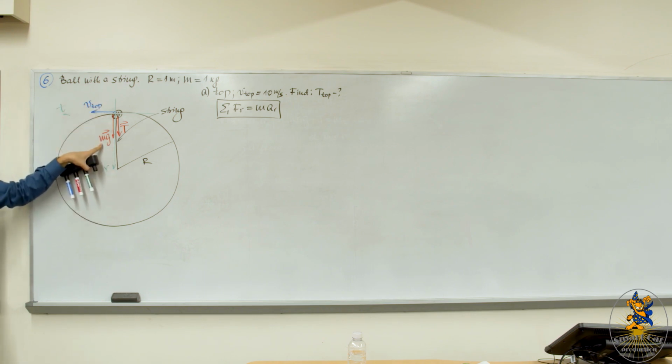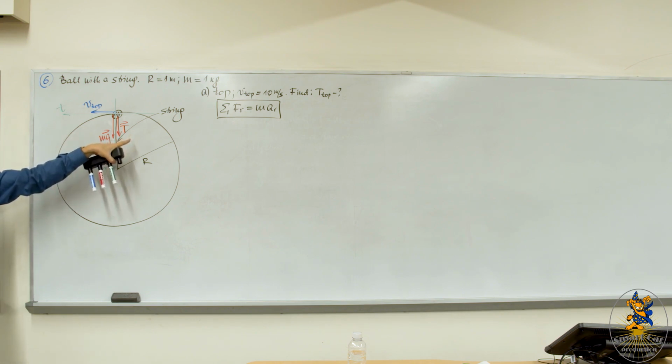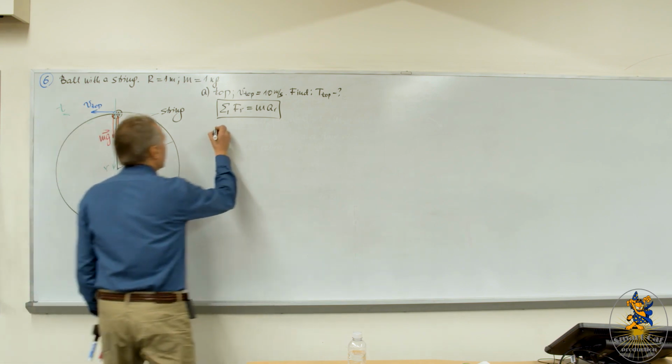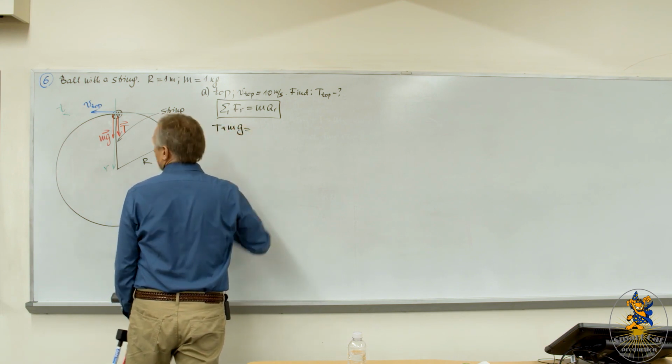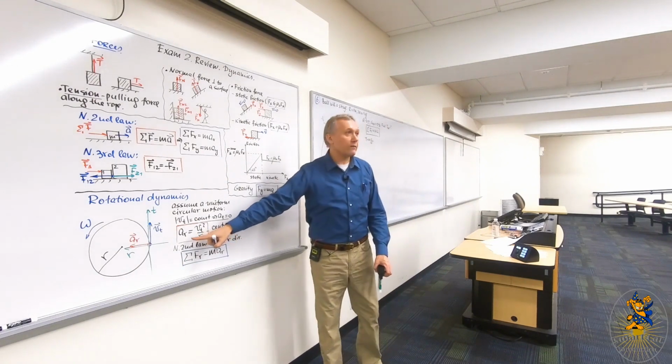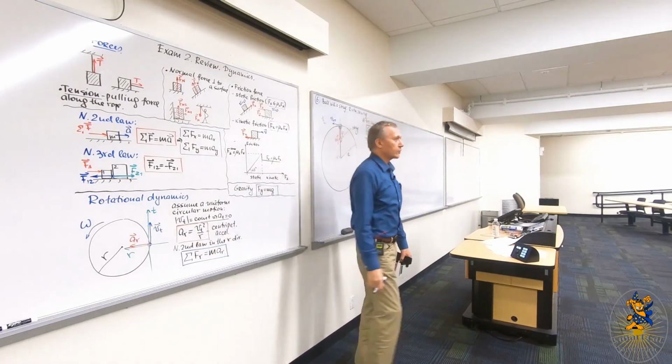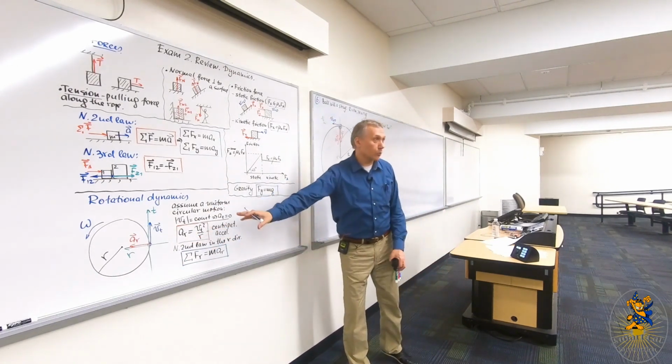So this force is positive. This force is positive as well. Both of them positive. So I can write T plus mg. And centripetal acceleration, we did not derive it in the lecture. Don't feel like doing this in this course.